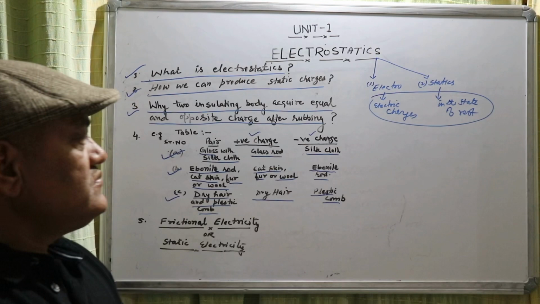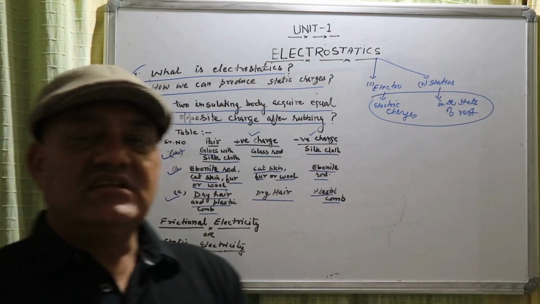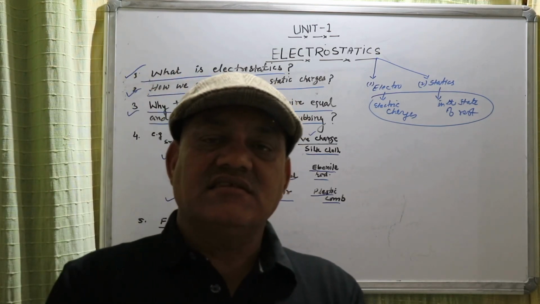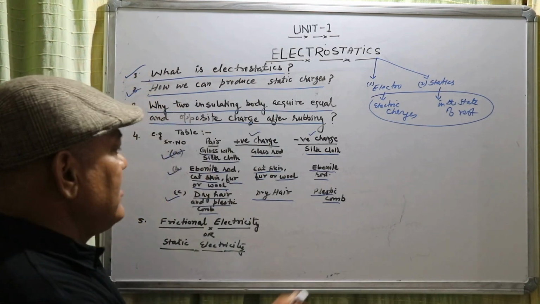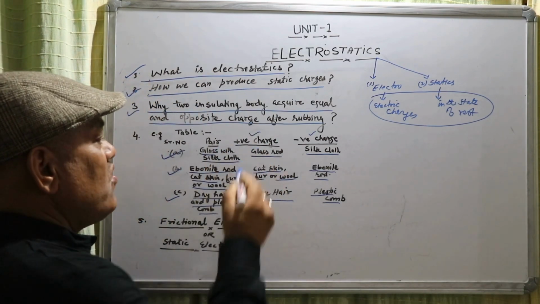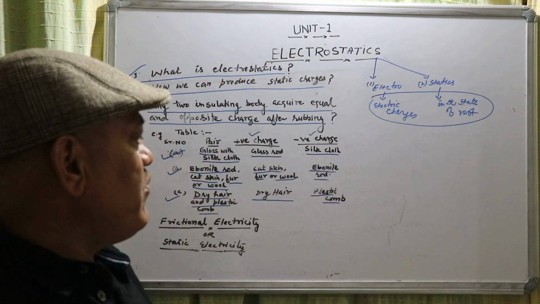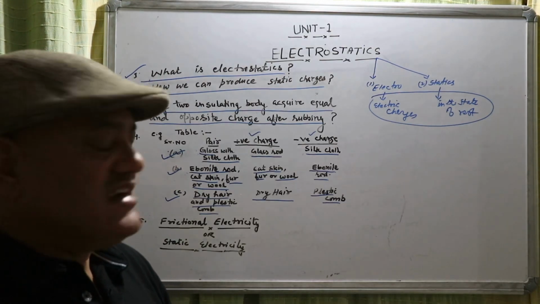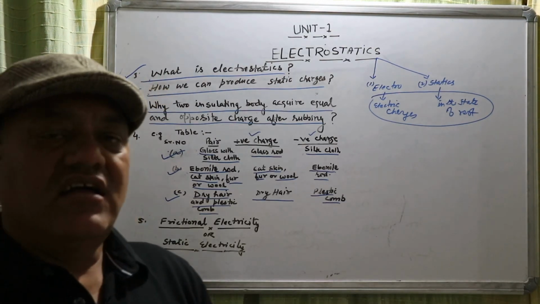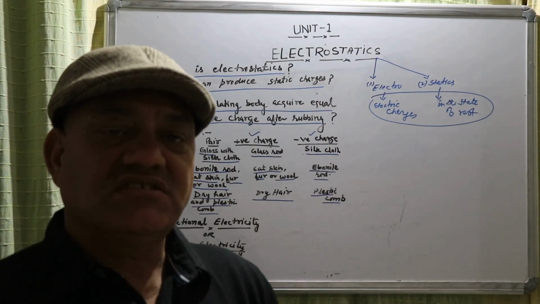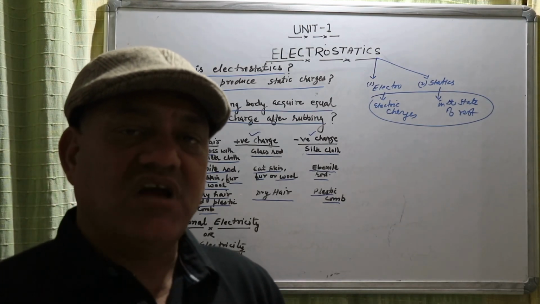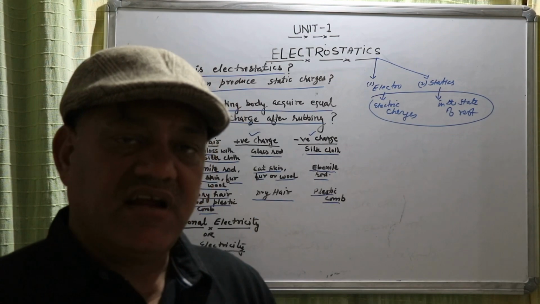Now, the next question arises, why does the glass rod acquire the positive charge and the silk cloth acquire the negative charge in equal amount after rubbing?